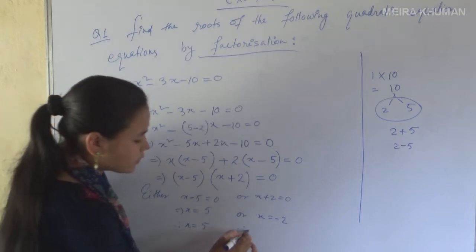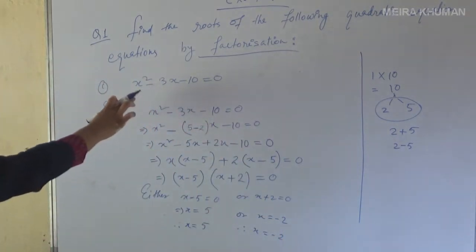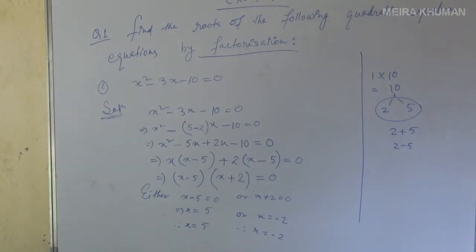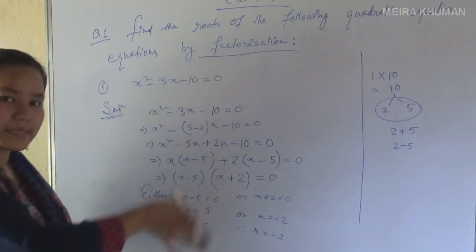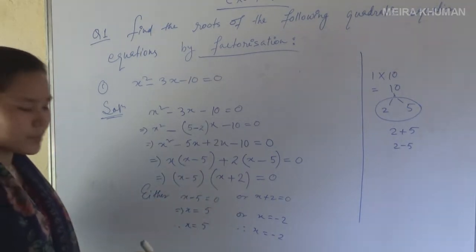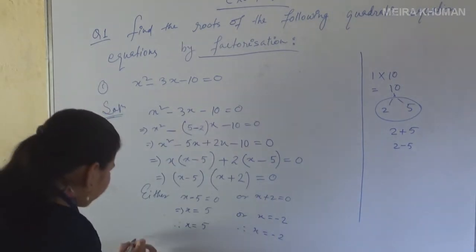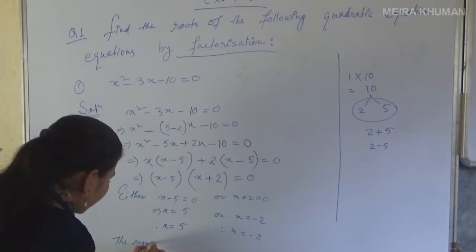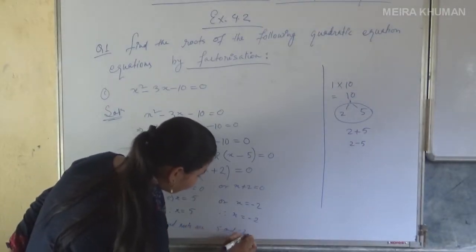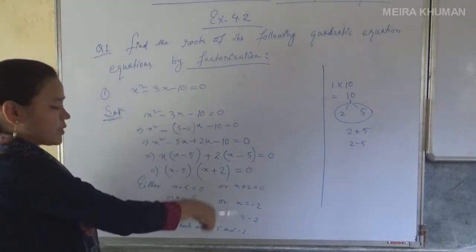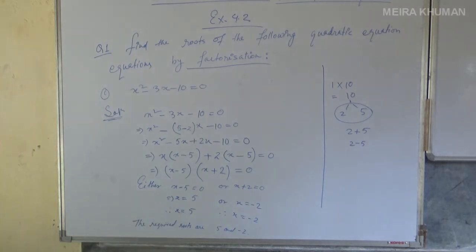Here the degree is 2, so every quadratic polynomial should have at most 2 roots. So you are getting x equal to 5 and x equal to minus 2. So the required roots of the given quadratic equation are 5 and minus 2. So please write down.